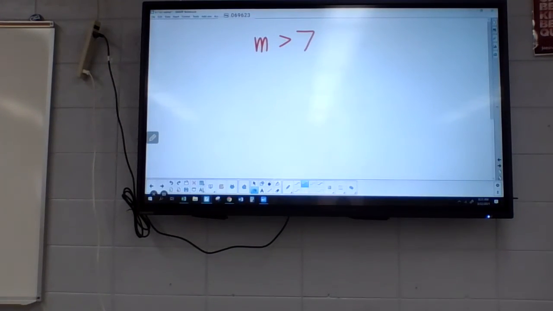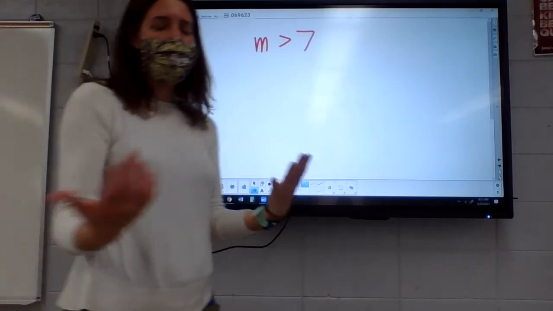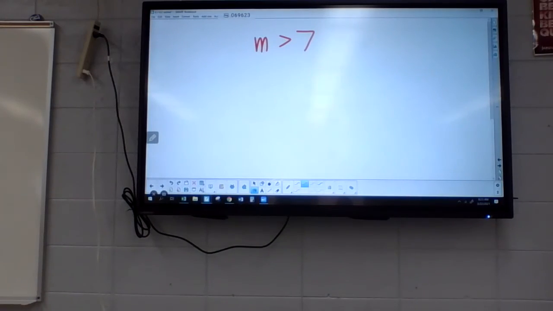And then remember you need a dot, either open or closed. So don't forget you need a circle at that spot. You need some numbers on your number line. You don't need a ton of numbers. Even if you just have 3 numbers on your number line, that's fine. Yeah, you're good.